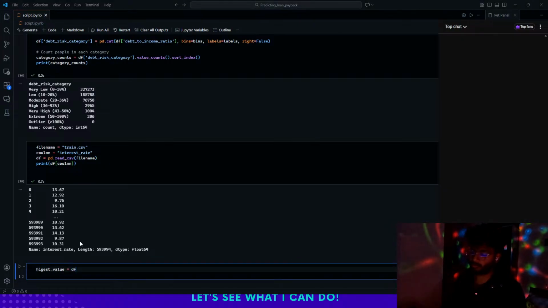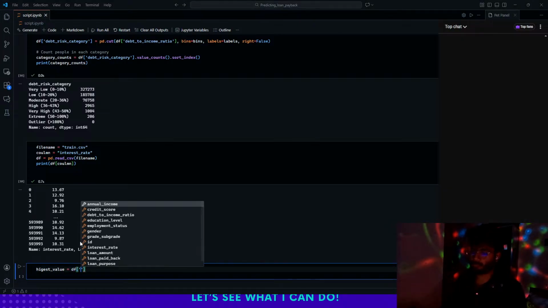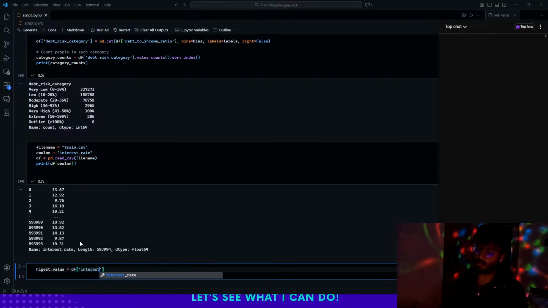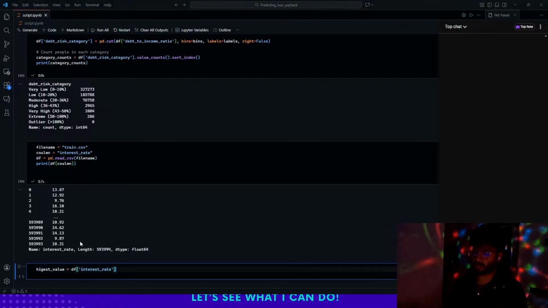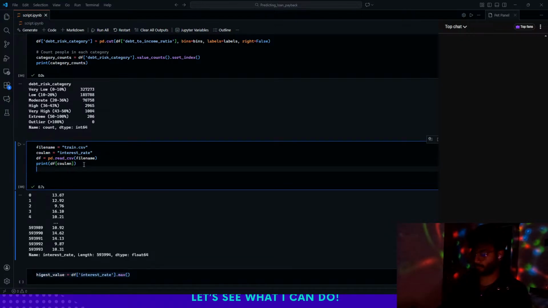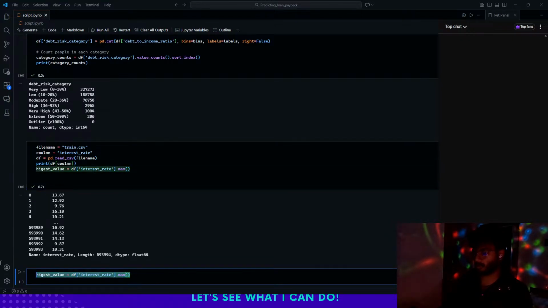df column, the column name, that is rate dot, with this code, paste it here, read it over here.